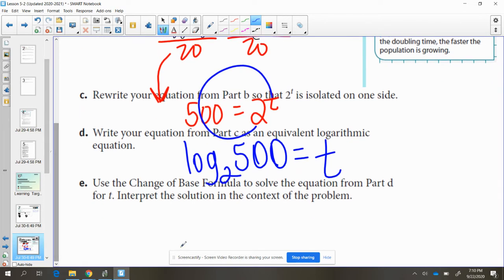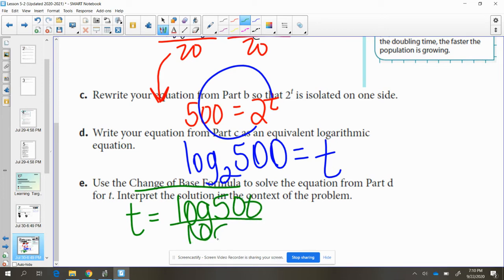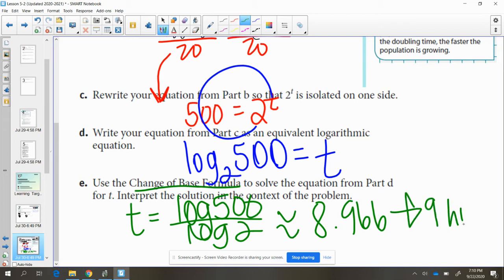Okay, you could use Alpha Math, or if you're going to use change of base formula, like the book talks about, we would have log of 500 divided by log of 2. And either way you slice it, you should get that it would take approximately 8.966 hours, aka about 9 hours for this population to reach about 10,000.